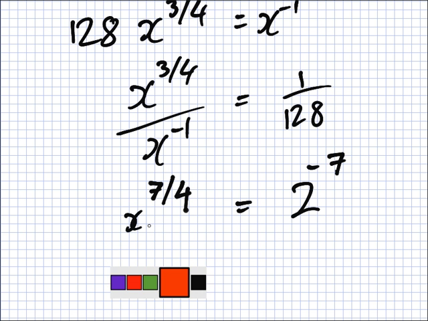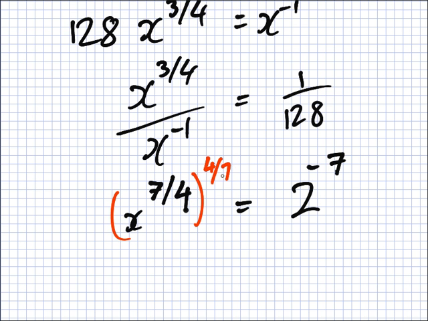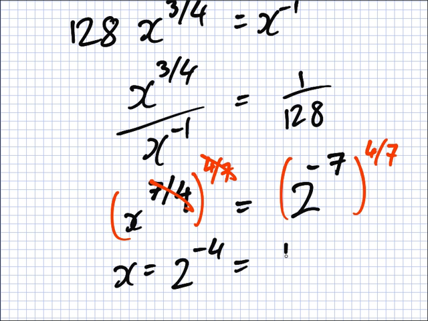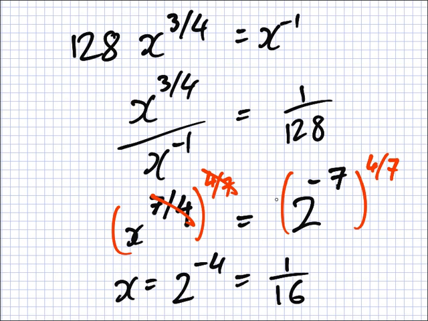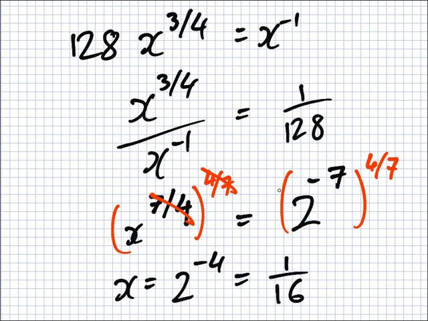I'm going to put a power of 4 over 7 on both sides, so that they cancel that. And what cancels here? The 7s, yeah, very good. So that's 2 power minus 4, which is 1 over 16. Yeah? It's too perfect. You got it? Yeah.